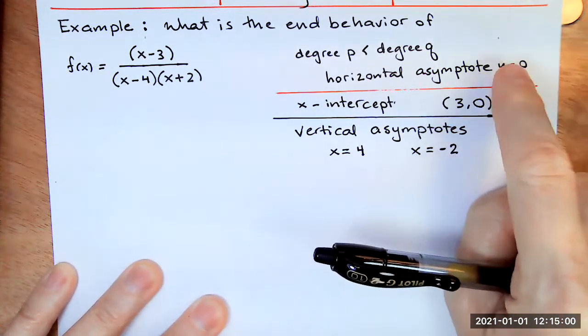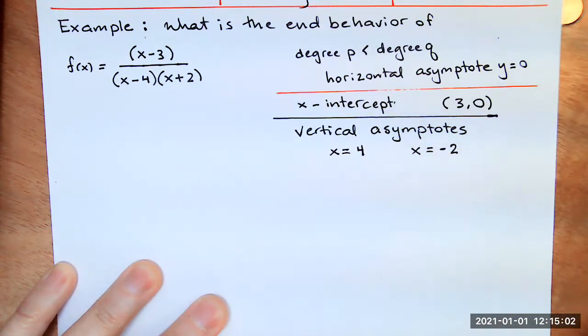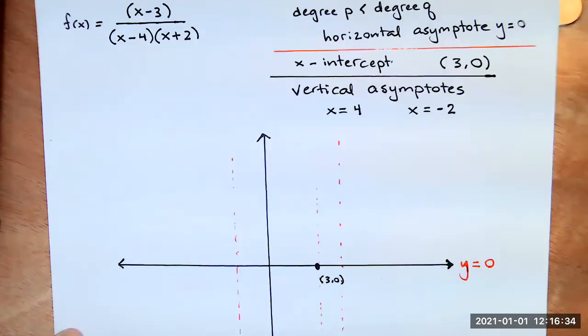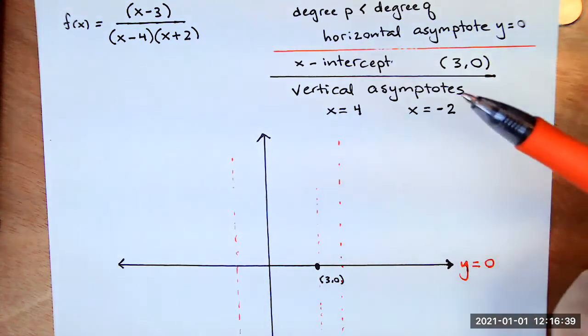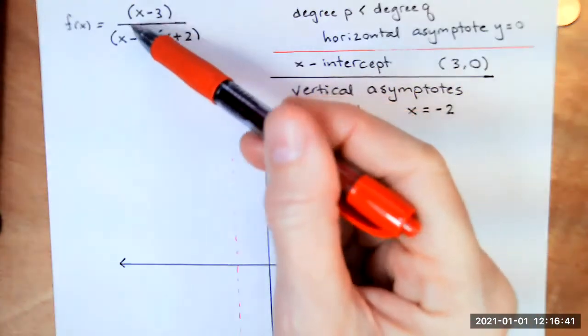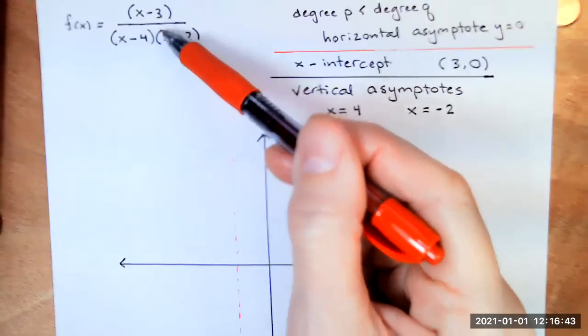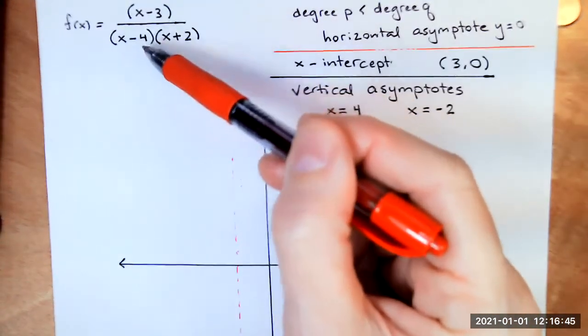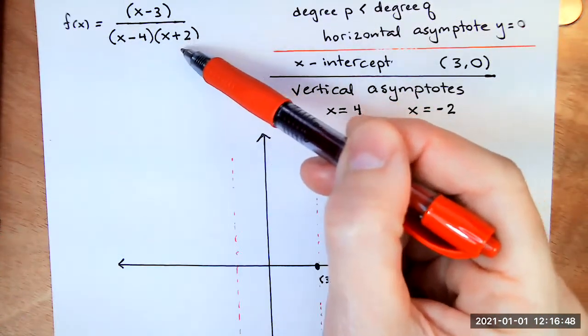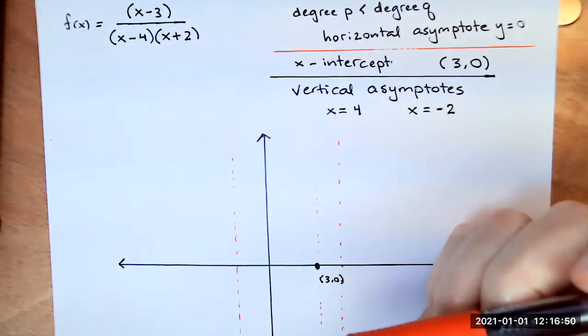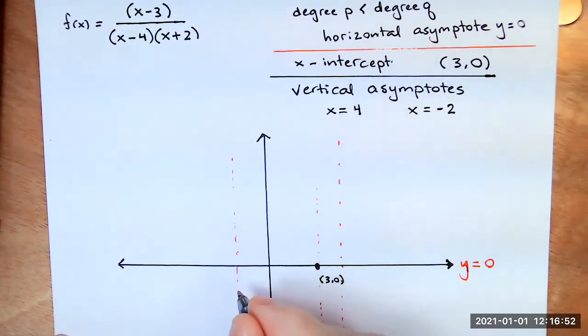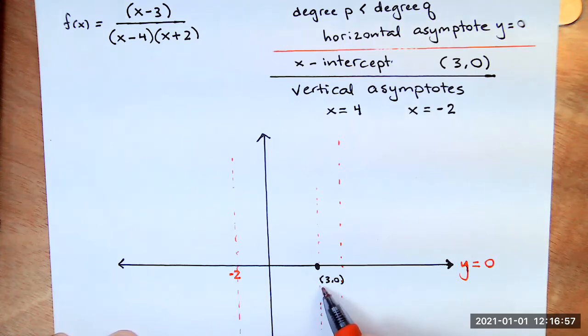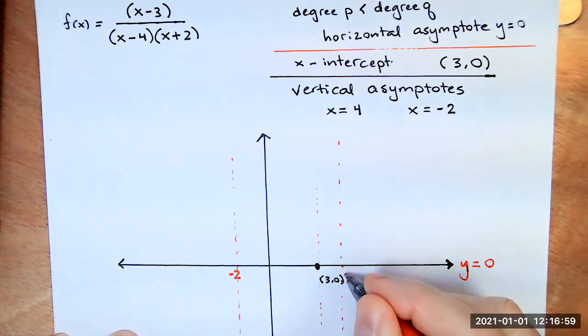So I'll put some of this information in to start. All right, so this rational function has 3 linear factors. So there are 3 places where the sign of this entire function can change from positive to negative. Either at x equals negative 2, x equals 3, or x equals positive 4.